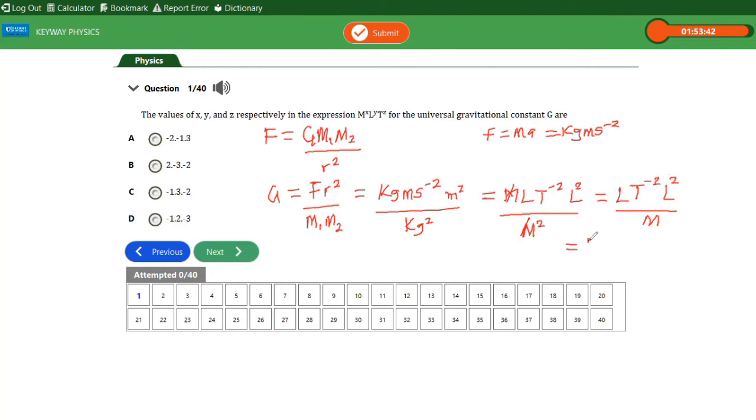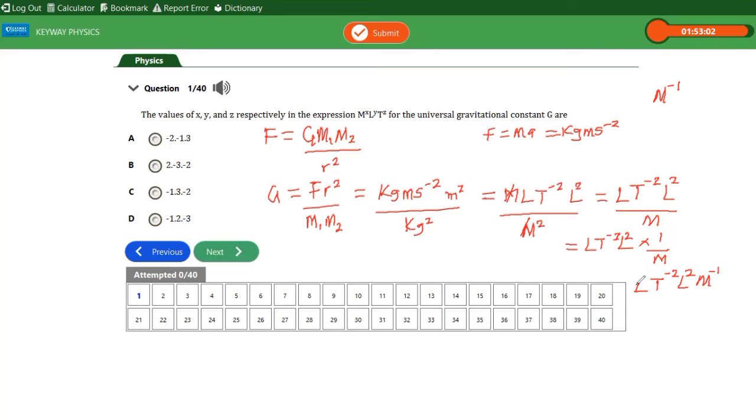I can write it as L T minus 2 L raised to power 2 multiplied by 1 over M. And by the law of indices, 1 over M becomes M raised to power minus 1. Is that correct? So I can rewrite this to be L T minus 2 L raised to power 2 M raised to power minus 1.